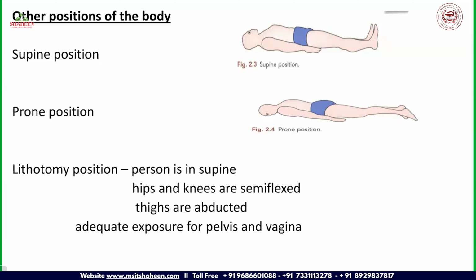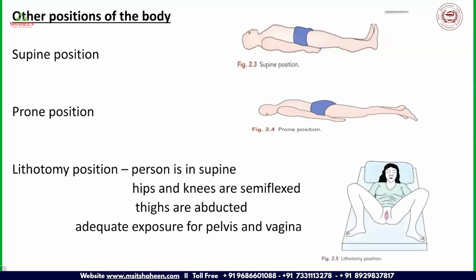Here the person is in a supine position and the hip and knees are semi-flexed. Flex means like this. And the thighs are abducted. Thighs abducted means they are placed apart. This helps for adequate exposure of the pelvis, vagina, and genitalia. For this purpose, we commonly use the lithotomy position.